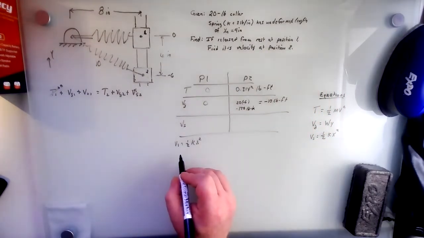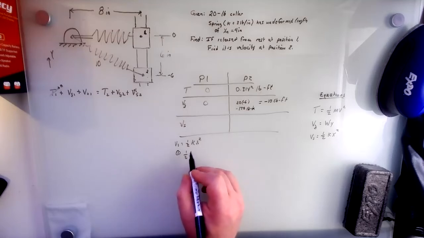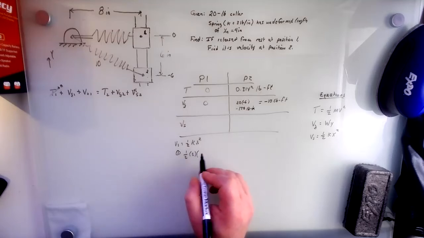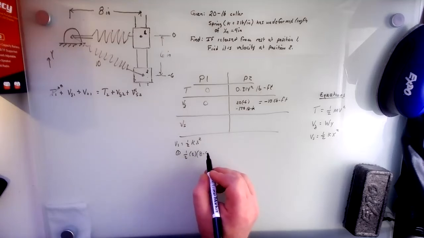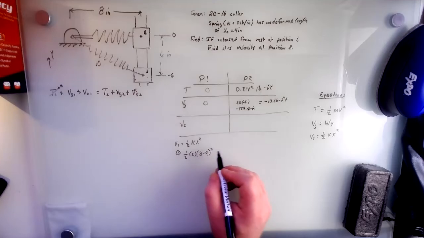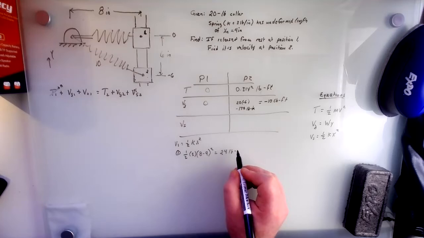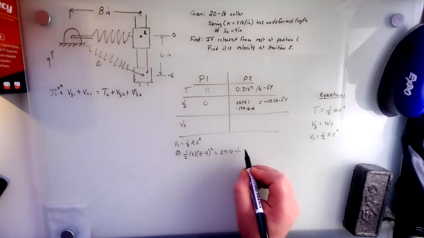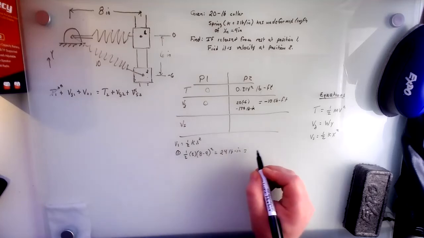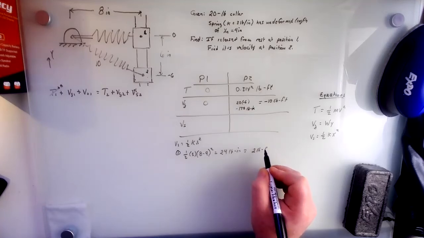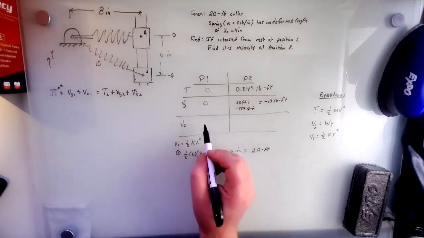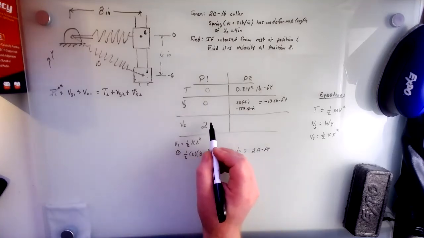So at position 1, we get 1/2 times 3 times 8 minus 4 squared, and that's going to give us 24 pound inches, right? And if we divide that by 12, that gives us 2 pound feet. So 2.